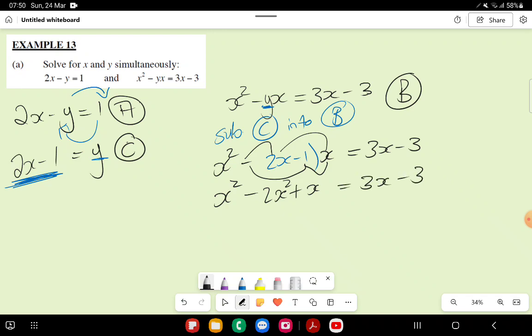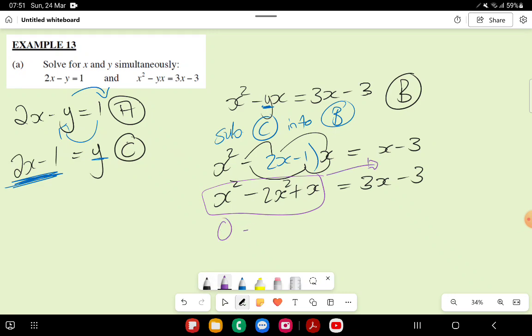Now that I've got that, I'm going to take everything to the left, which means I'm moving this over to the left. Actually, let's go to the right because that's going to give me a negative number, right? Okay. So let's take everything over to that side.